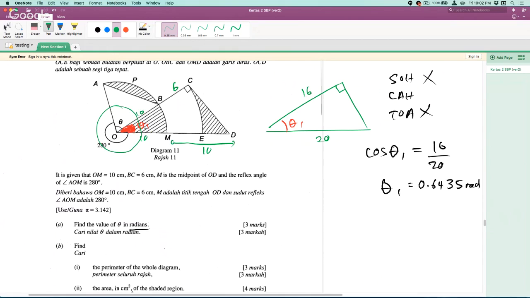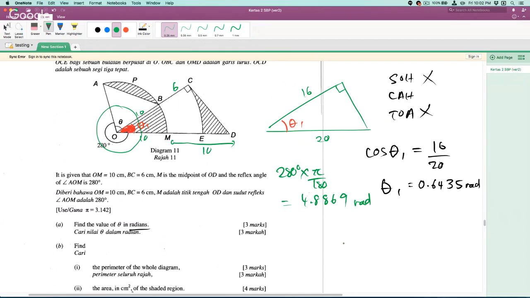I can use 2 pi minus angle 1 minus the 280. Of course, I cannot accept 280 here. This is degrees. To change to radian, I will multiply pi over 180. This is the formula. So I will use 280 multiply pi over 180, and I will get 4.8869 radian.